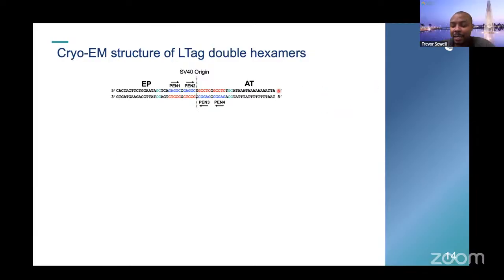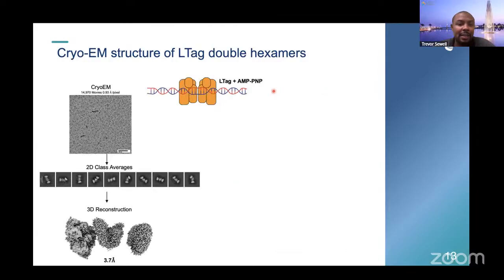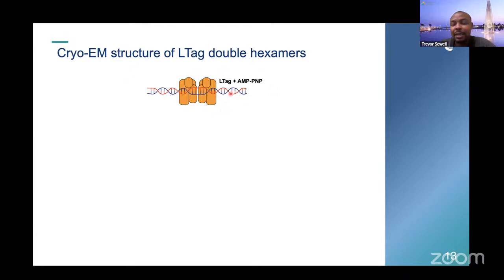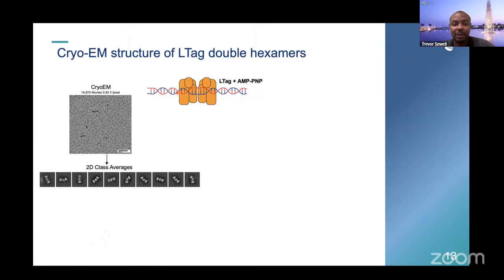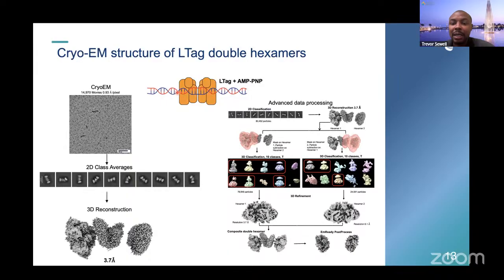So basically, we know that the native assembly is a double hexamer, but when we tried to obtain the double hexamer, the resolution was very poor.